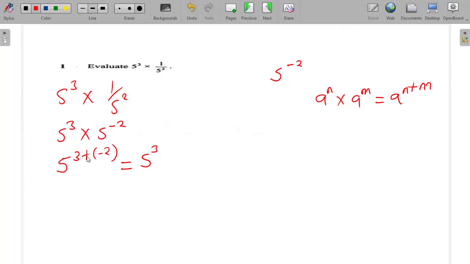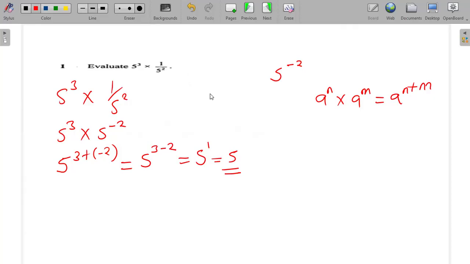With a positive and a negative, you know you're going to get a negative sign. So this is equal to 5 to the power 3 minus 2, which is 1, isn't it? According to the laws of indices, any number to the power 1 is the number itself. So we get the final answer to be 5. That's how you solve such a question.